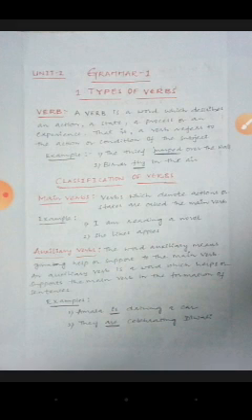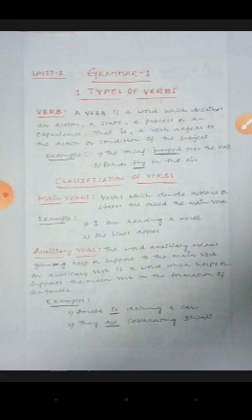Here reading is a verb and it is a main verb. Example 2, she likes apple. What does she like? She likes apple. It's very simple. Verbs which denote action or state are called main verbs.